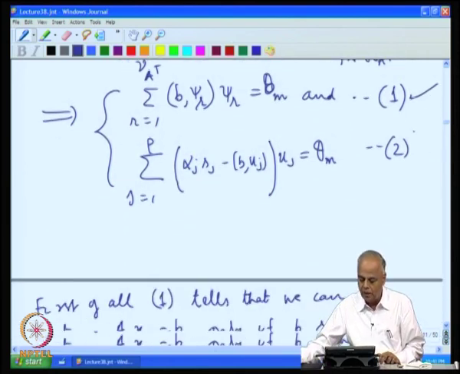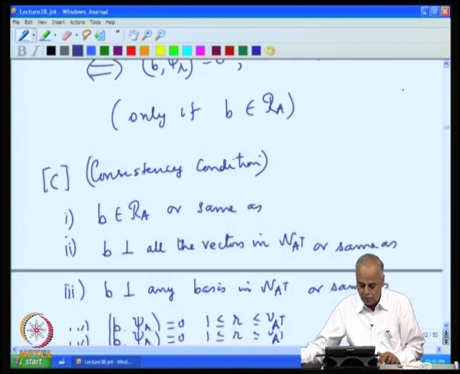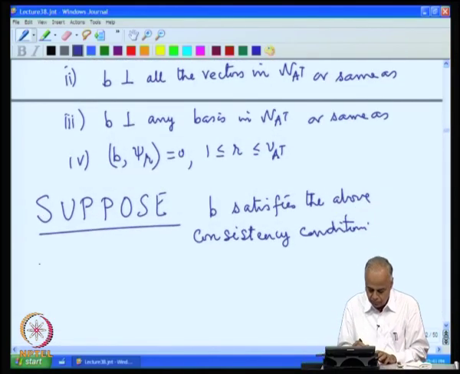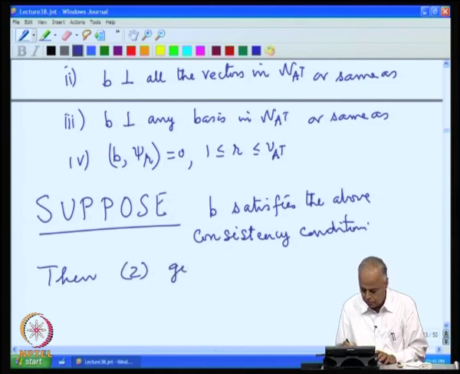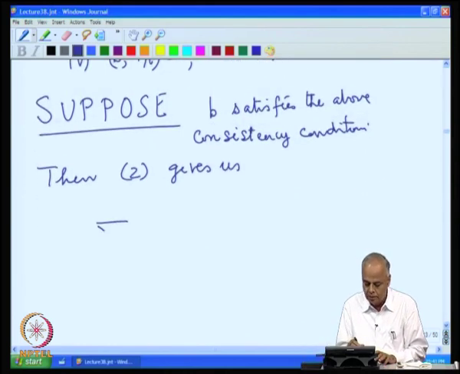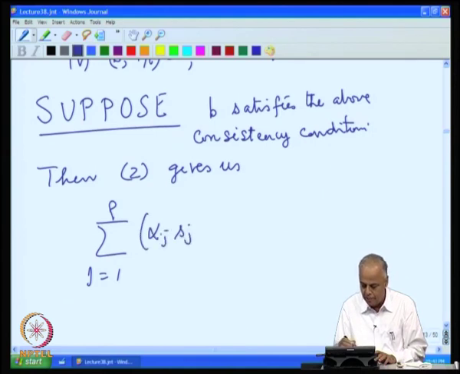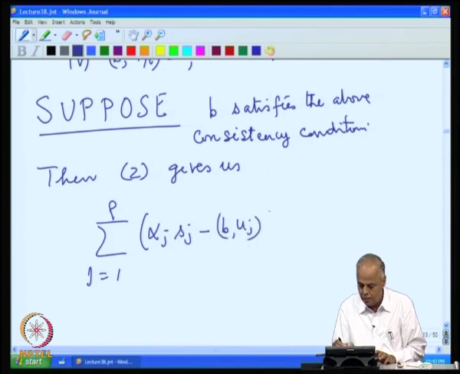Now, we have to worry about 2. So, 2 gives us the summation over j equal to 1 to rho of (alpha j s j minus b transpose u j) times u j equal to the 0 vector.